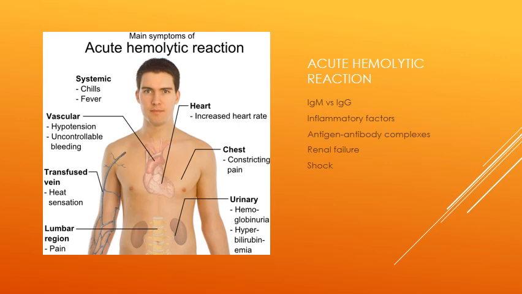There are other factors that could be going on. Remember, they're not all IgM led processes. Sometimes it's an IgG led process, which is, I'm not going to say weaker, but it doesn't trigger the same immune responses. Sometimes you can just get literally antigen antibody complexes forming.